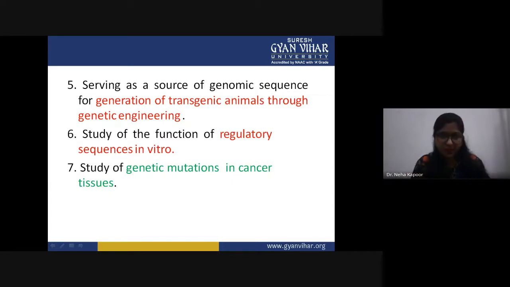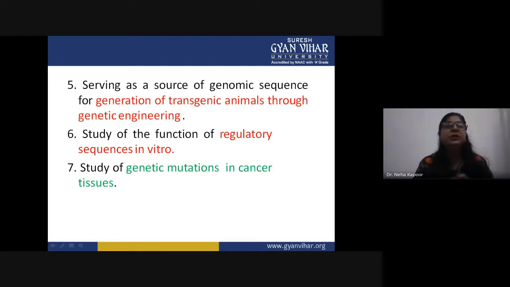If you want to study the regulatory information, that is, how a particular pathway is regulated, then the study of the function of regulatory sequences can be performed under in vitro conditions.